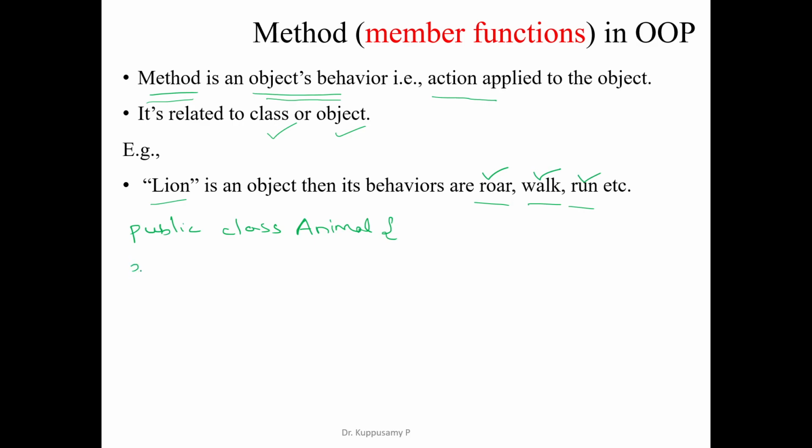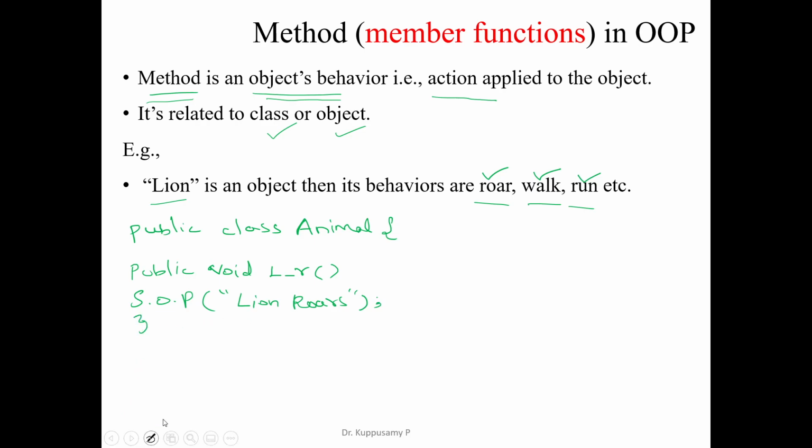I am defining the method public void, and the method name I am using is lion_roaring. Open braces, system.out.println, lion roars. Close, I am closing the method.